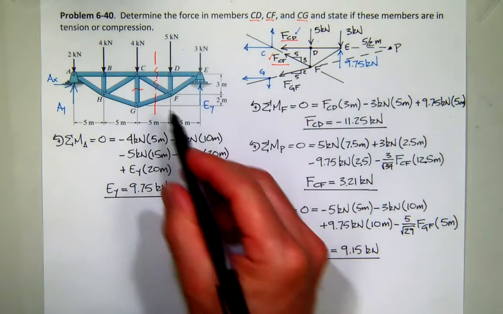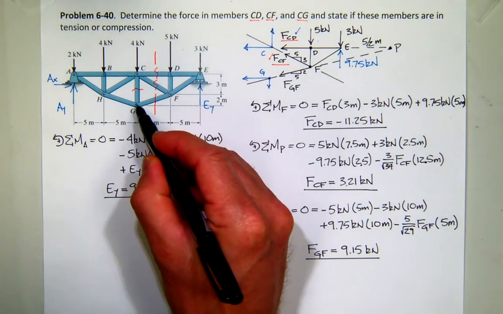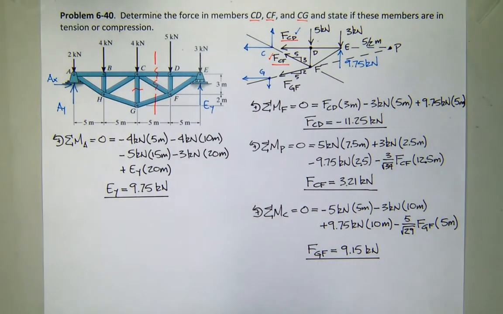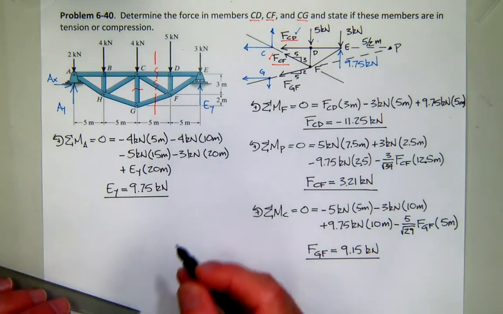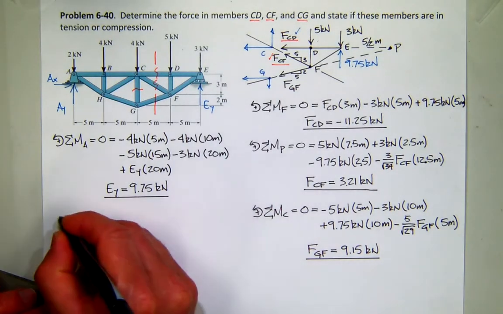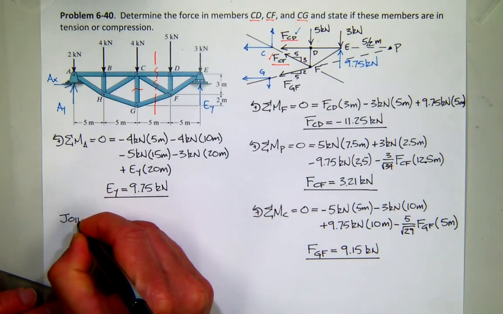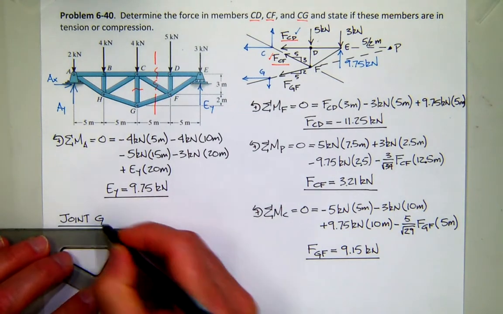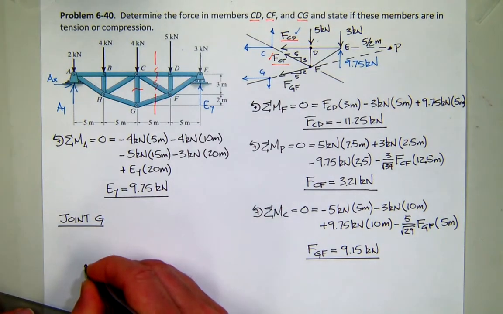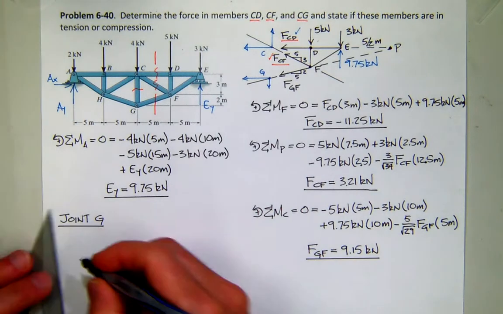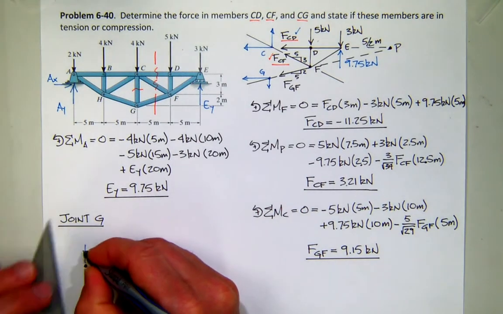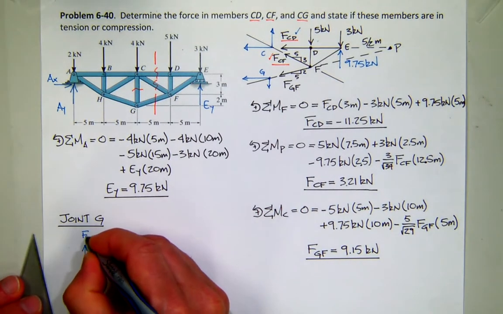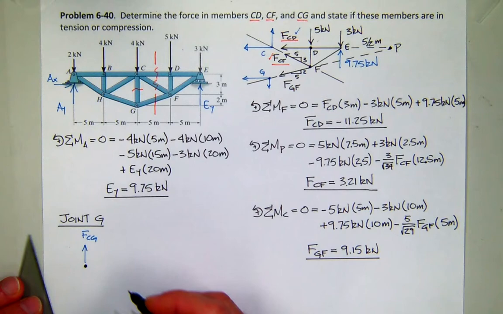So now to finish the problem, I would just have to take that information and worry about G. Let's do it real quick. If I came here and did a joint at G, let's see what I've got. I would have the force in CG, that's the one I'm looking for.